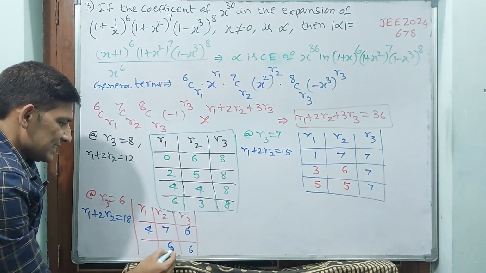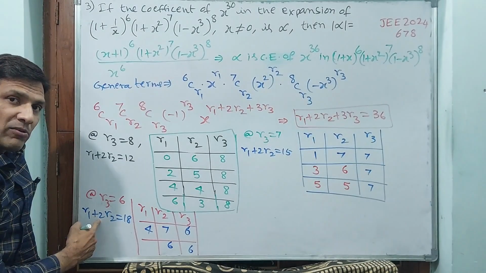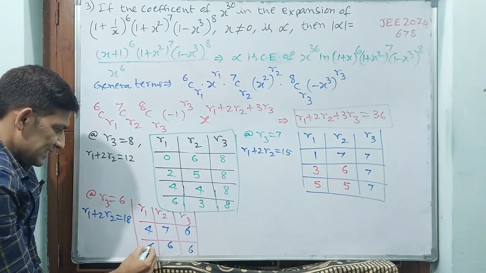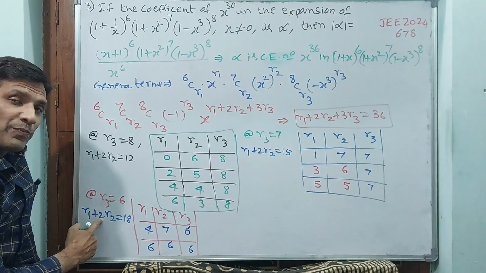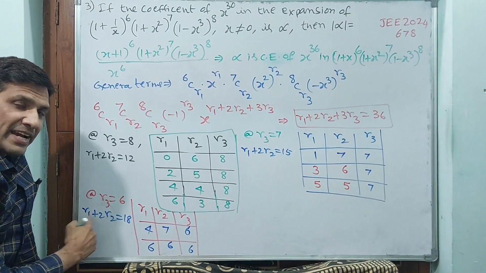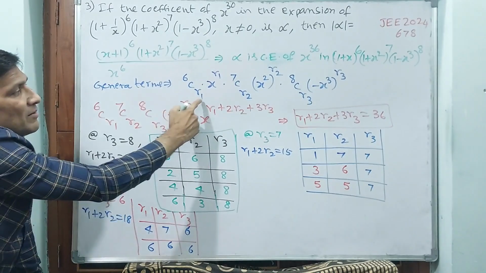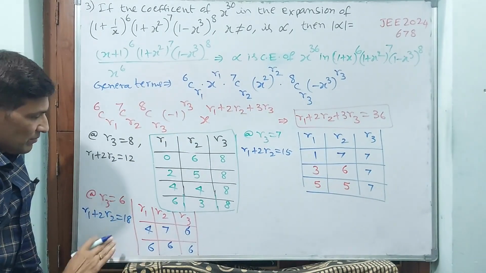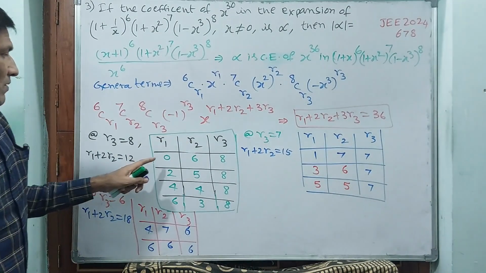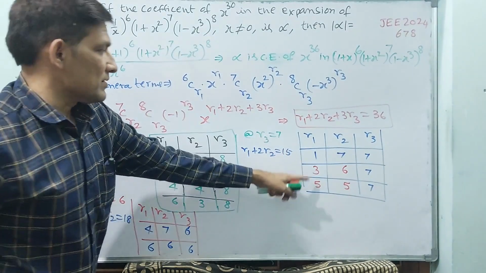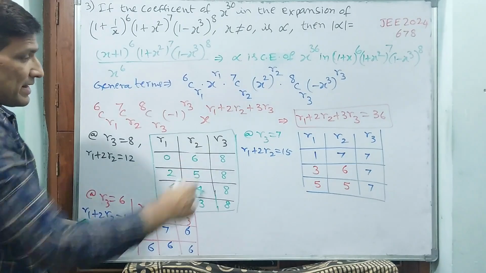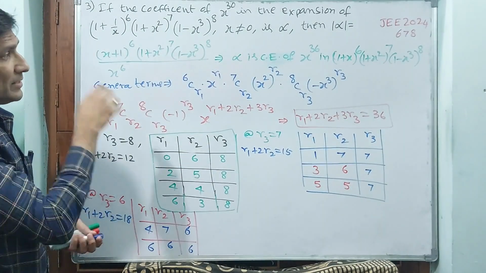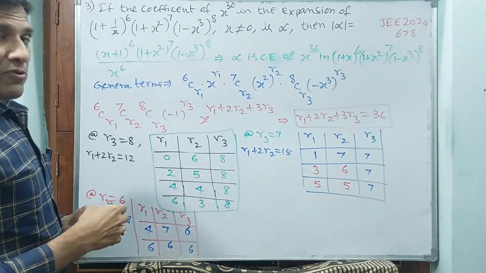Now take 6. 6 into 2 is 12, 12 plus 6. Now try to take 5. 5 into 2 is 10, 10 plus 8 is 18. But shall R1 become 8? No, that means exhausted. That means 1, 2, 3, 4, 5, 6, 7, 8, 9, 9 times you have to expand this. Okay, a little bigger, and we will try to solve it.